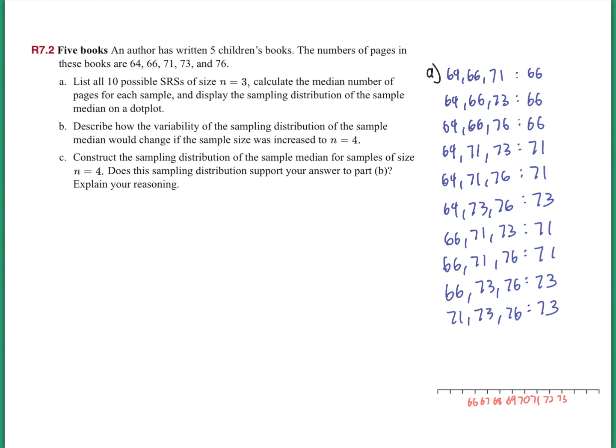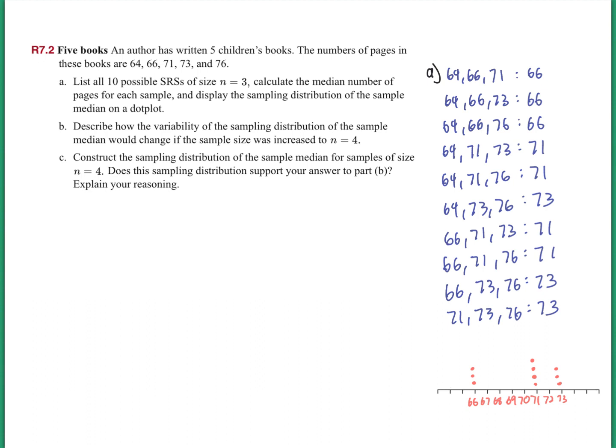Okay, 66 is as low as it goes, so we'll stop there. There were 3 at 66. There were 4 at 71. And there were 3 at 73. Alright, so that's for A.